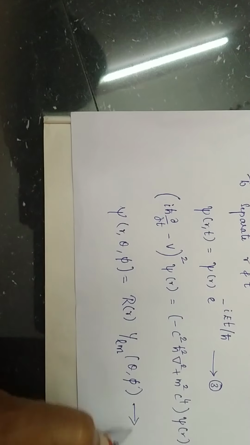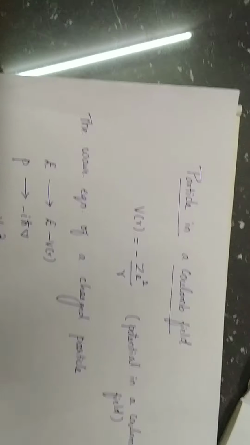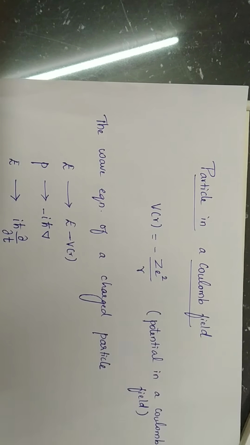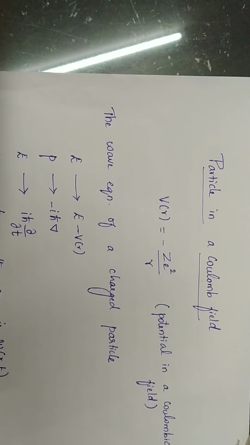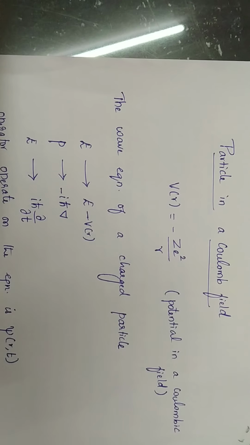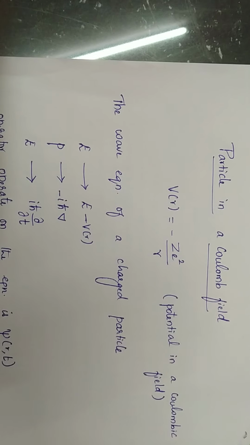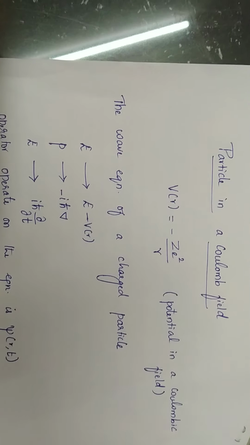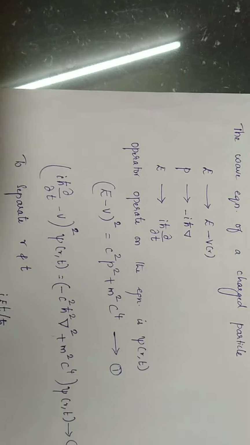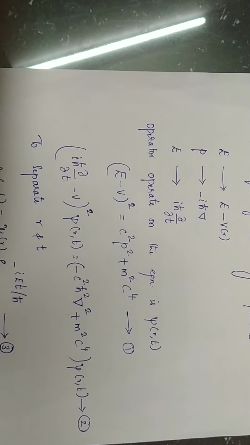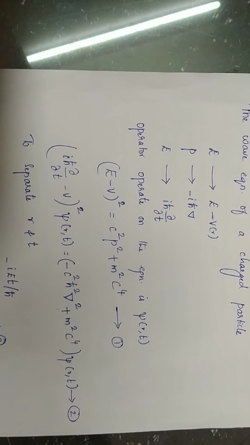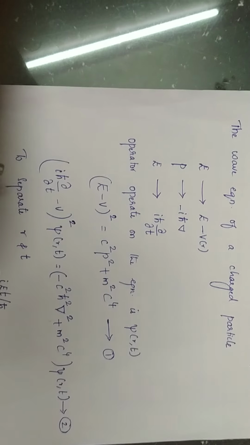Okay, so what we have done is, we have written a potential for a particle in the coulombic field. The potential is given by the equation V of r equals minus z e square by r. This is the potential in the coulombic field. And we are going to write one expression, the wave equation for the particle, by using V of r.